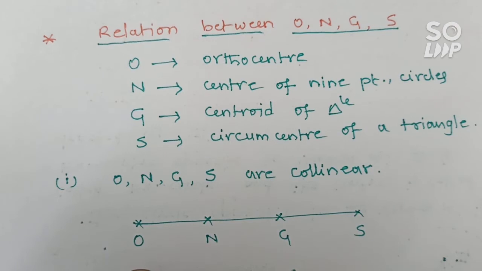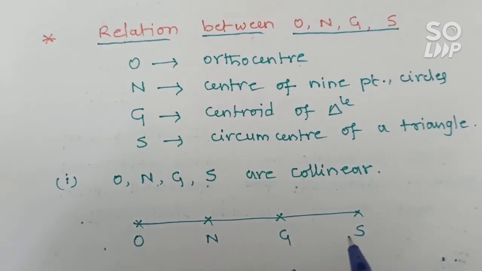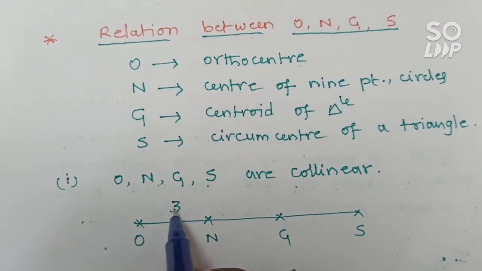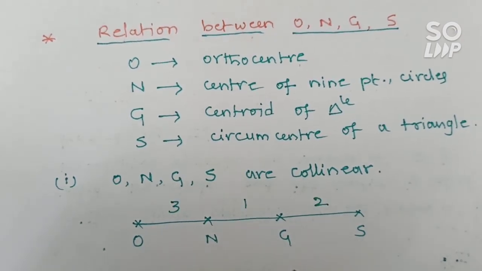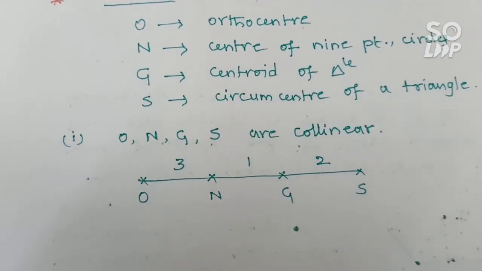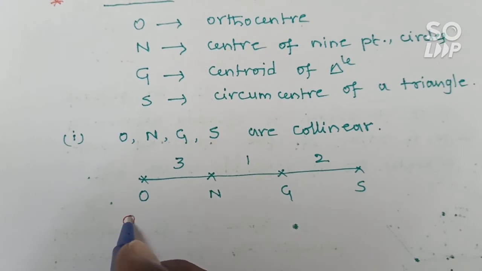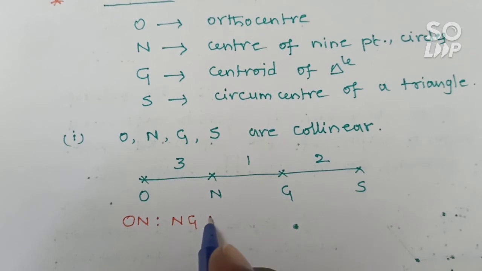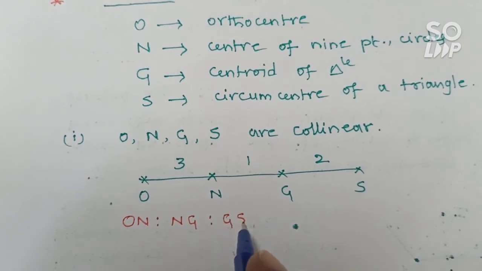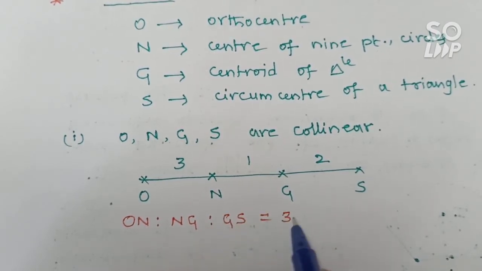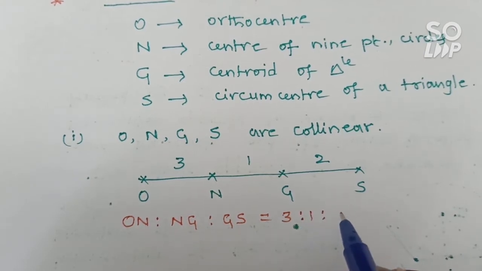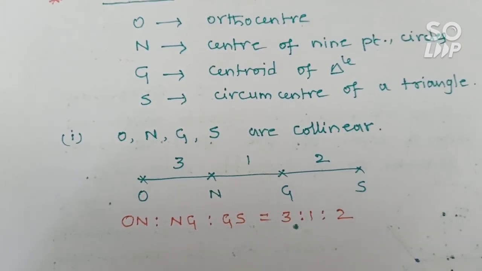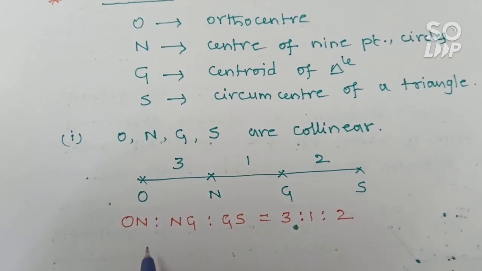Now, when all these lie on the same line, they are in which ratio? 3:1:2. That means ON is to NG is to GS is equal to 3:1:2. This is a very important ratio. What is the meaning of this?